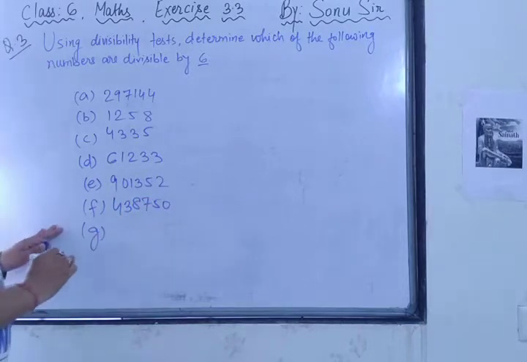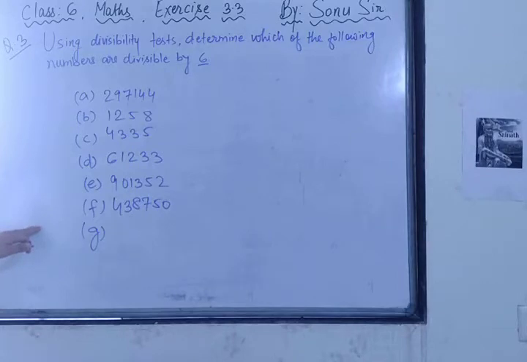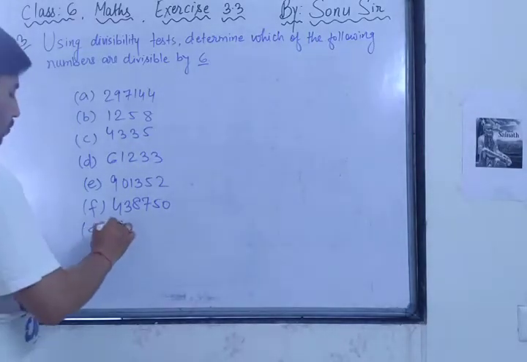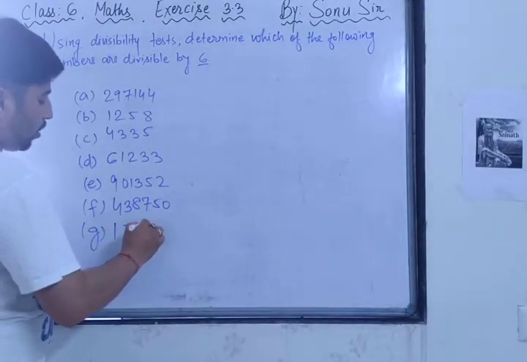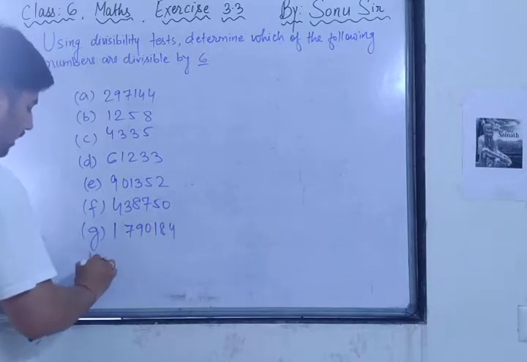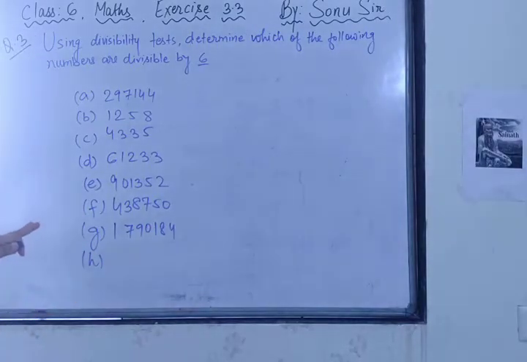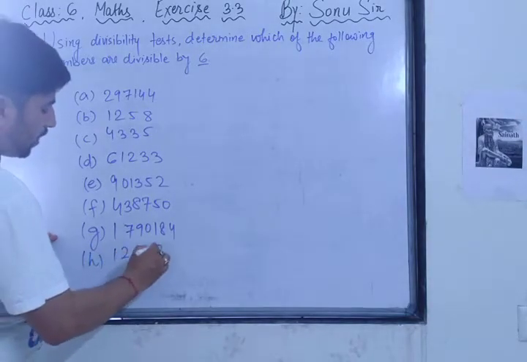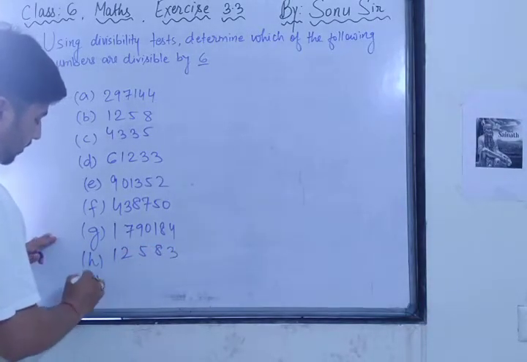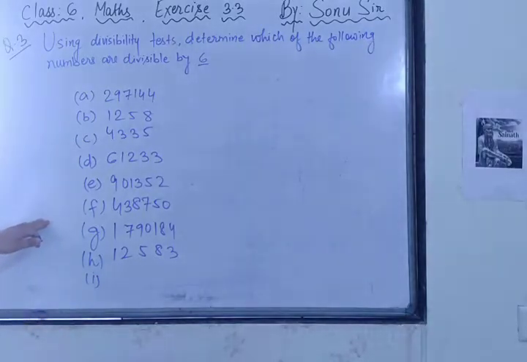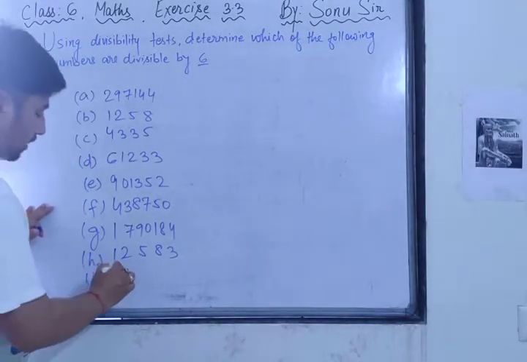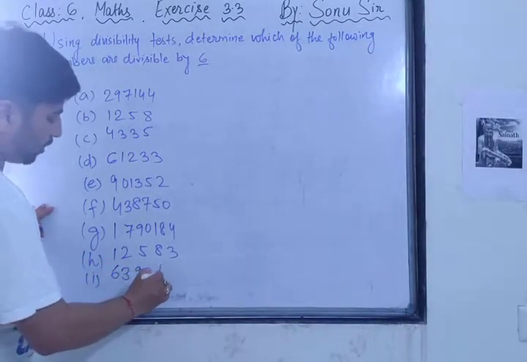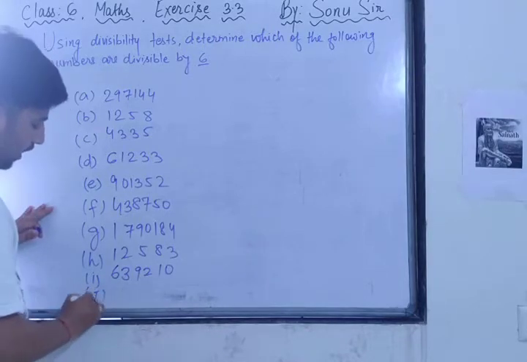G is 1790. H is 12583. I is 639210. And the last one, J is 17852.